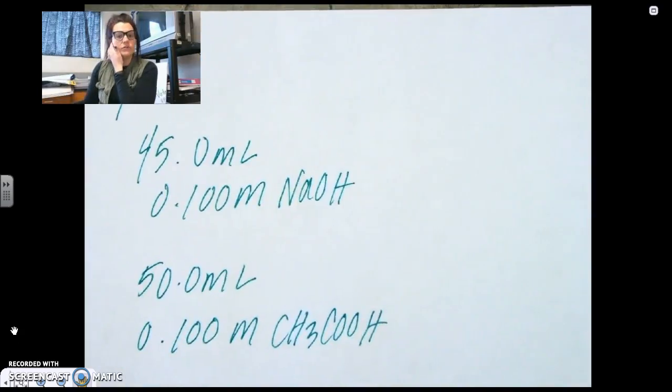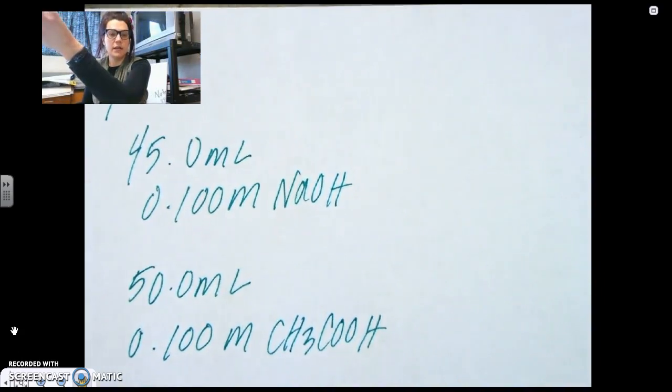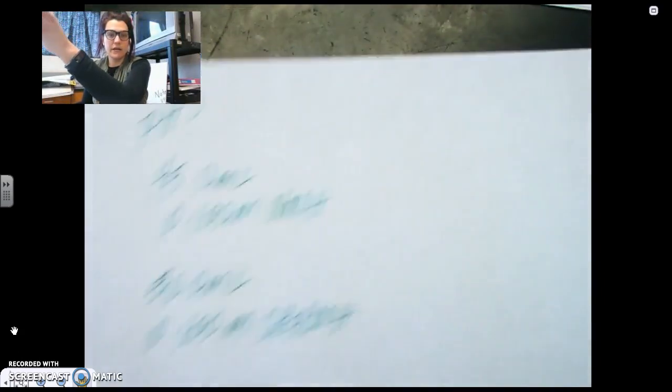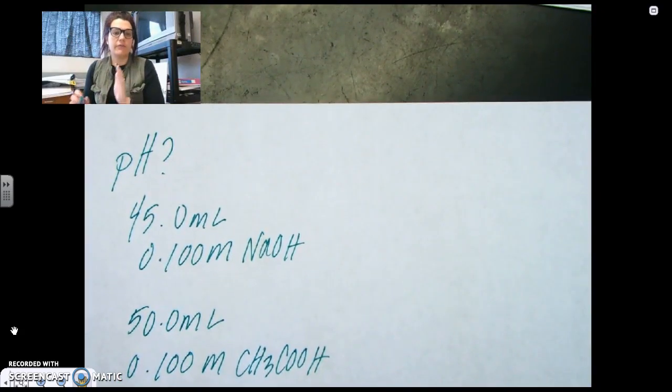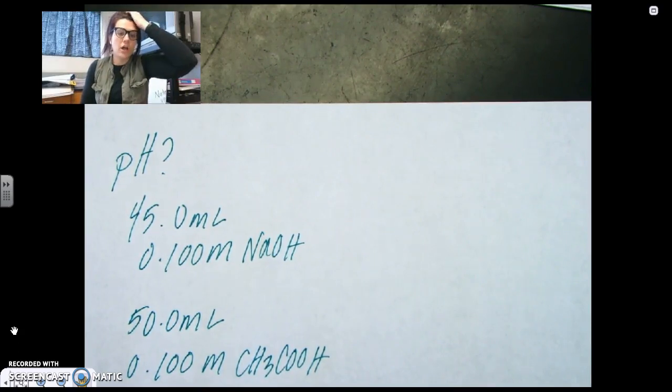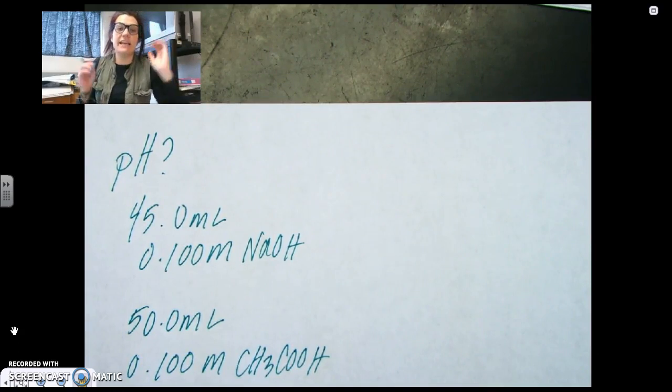Now, when I do this problem, I need to consider a couple of things. First of all, the hydroxide from the sodium hydroxide is going to completely consume all of the hydrogens that it can from the weak acid.